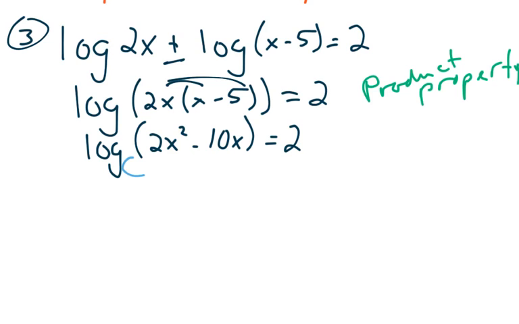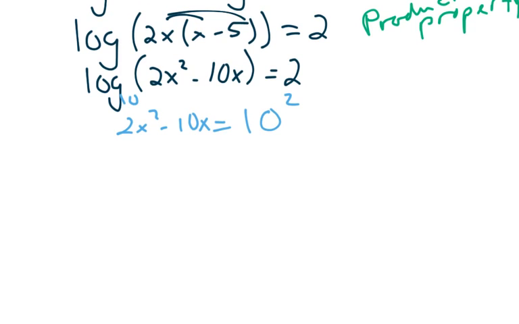When you don't have a base written, that means it is base 10. So I'm actually going to write it the other way around. 10 to the second power, because this is base 10. 10 to the second power is equal to 2x squared minus 10x. 10 squared is 100, so we'll have 2x squared minus 10x is equal to 100.